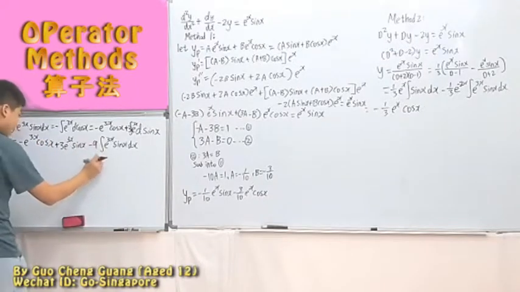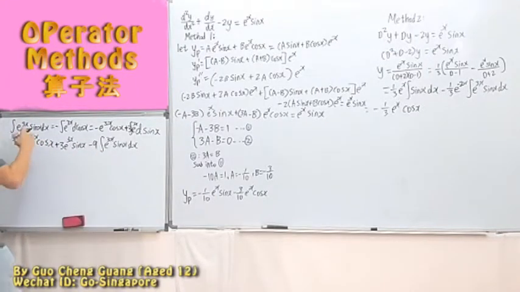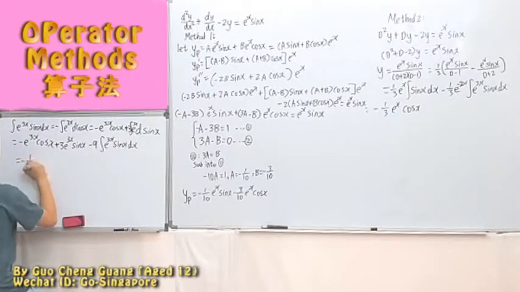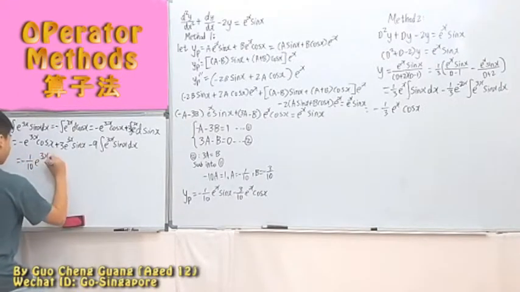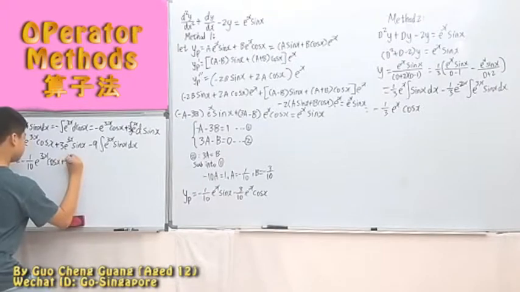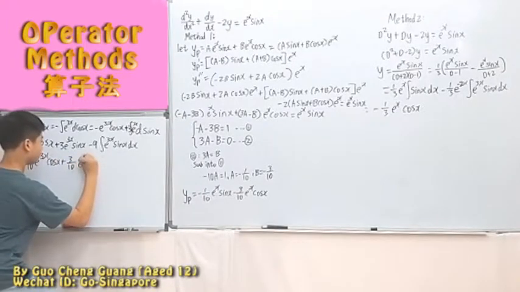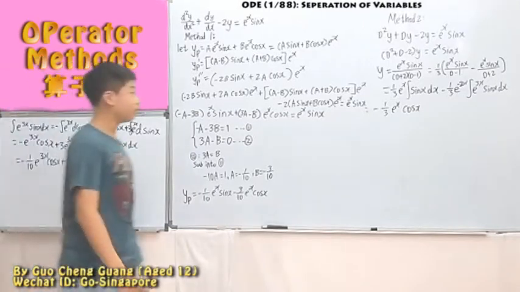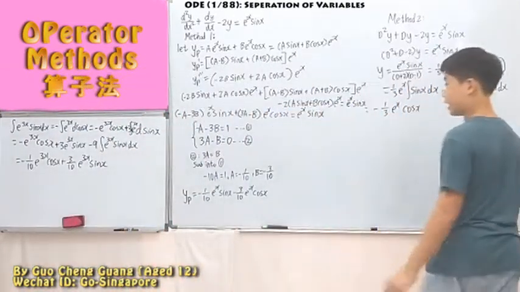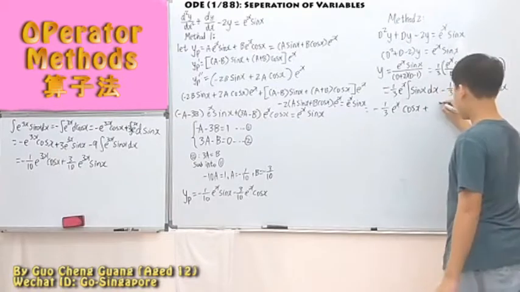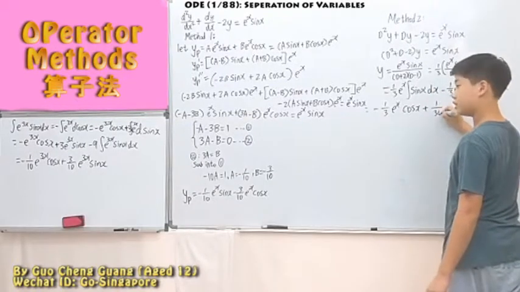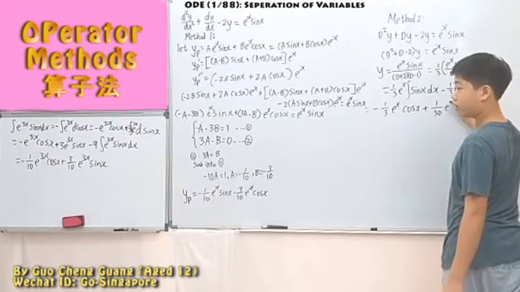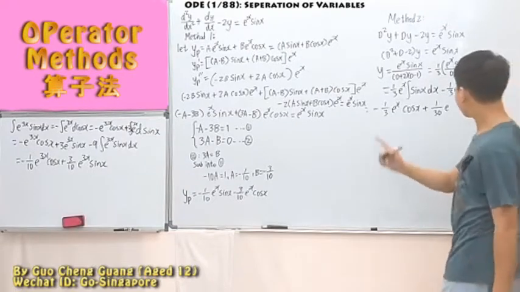So minus 9 becomes plus 9. So 1 plus 9 is just 10. So just divide 10 on both sides. So this is what it will be. So then we can just put it inside here. Then you get add 1 over 30 e to the power of, now beware, e to the power of 3x.